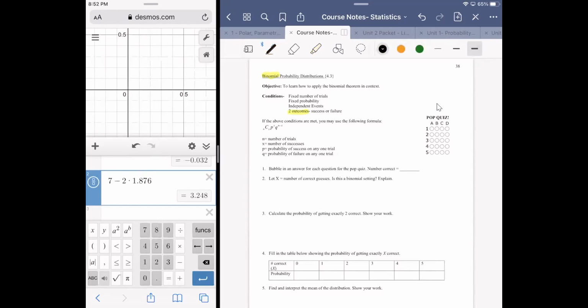Right, so the fixed number of trials is telling us that the number of trials in a situation is not going to be dependent on anything in the experiment, right? So it's not a choose your own adventure situation.